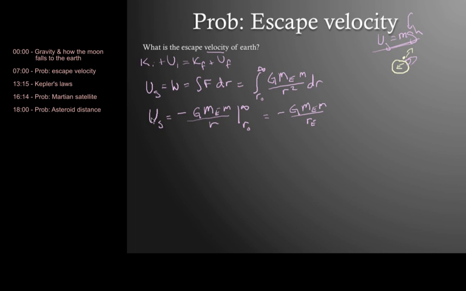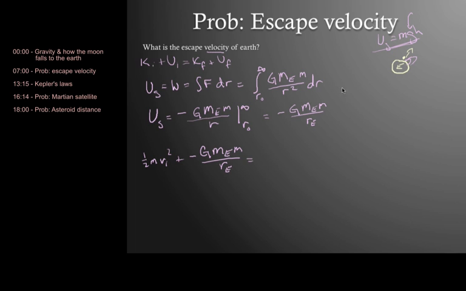So let's start with our initial part. So K_i is going to be 1/2 m v_i squared. And then now we're going to add on our potential energy. So this is a minus G M m all over R_E, the radius of the Earth.